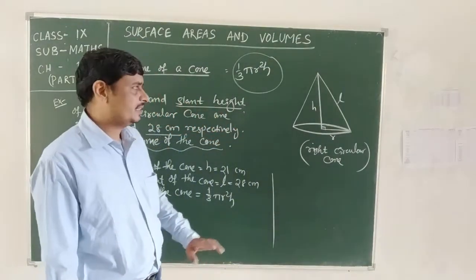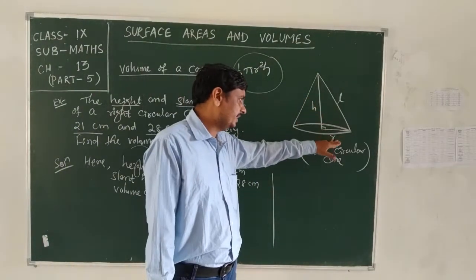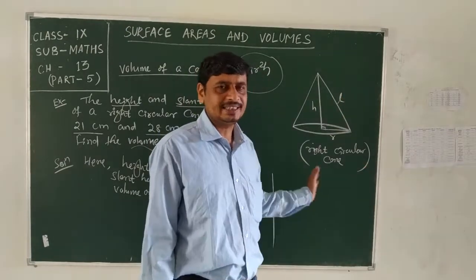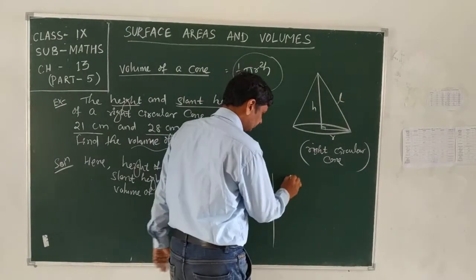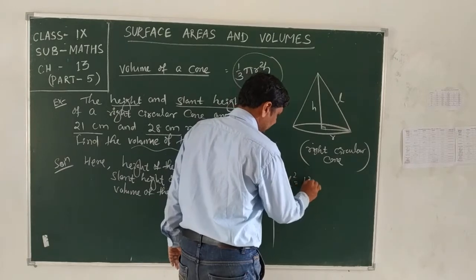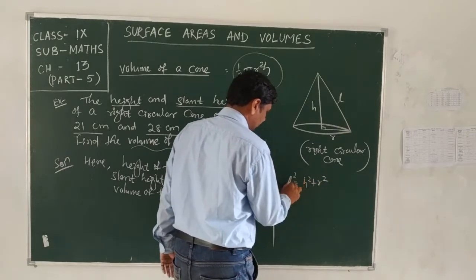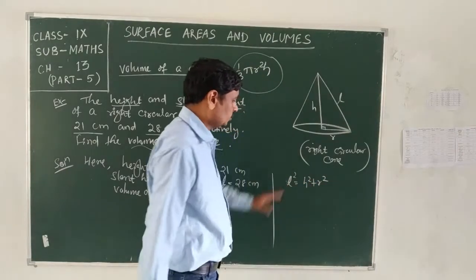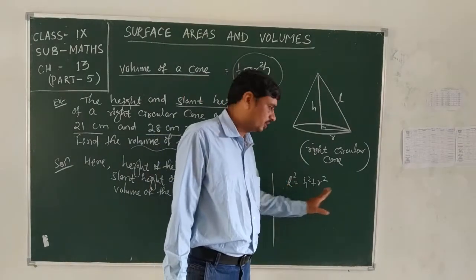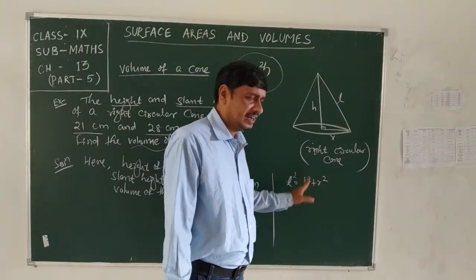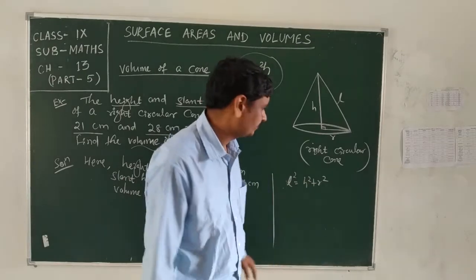We know the relation of height, radius, and slant height of the right circular cone. That is L square is h square plus r square. The square of slant height becomes equal to the sum of squares of the height and radius.